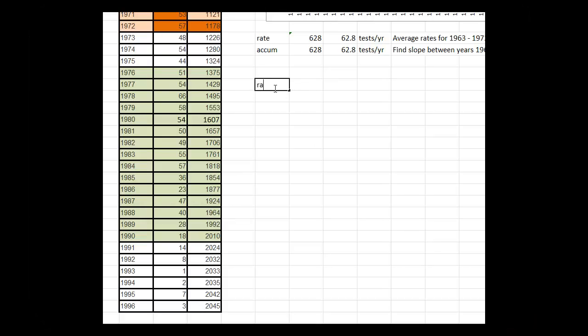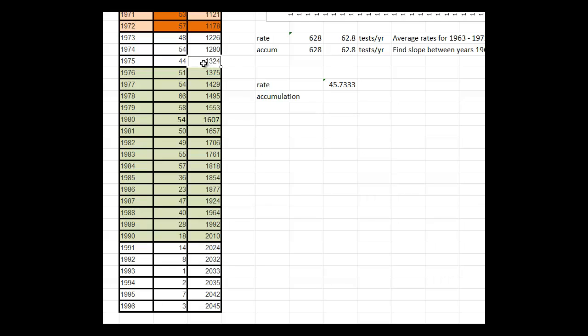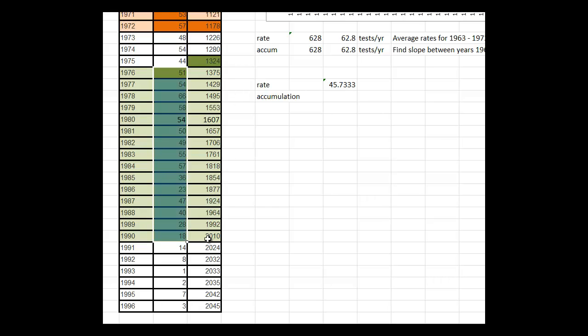If I use the rate column, then I want to average all the rates in the highlighted zone there. And if I want to use the accumulation column, then I have to use the slope formula and use this base. This is where we start, and then we add all those up, and we end up with that number.